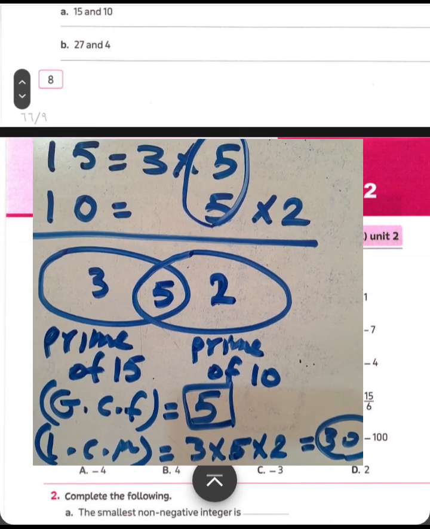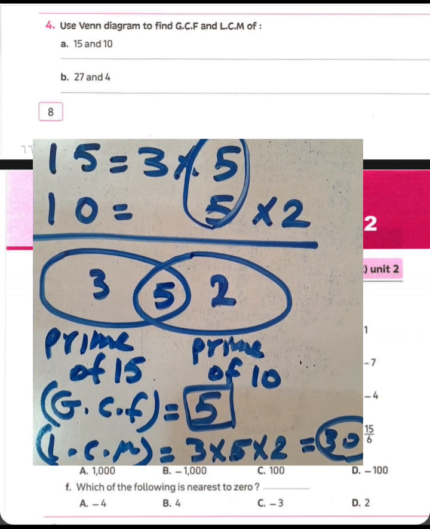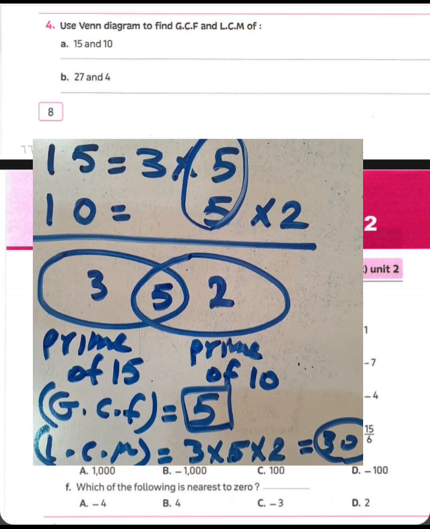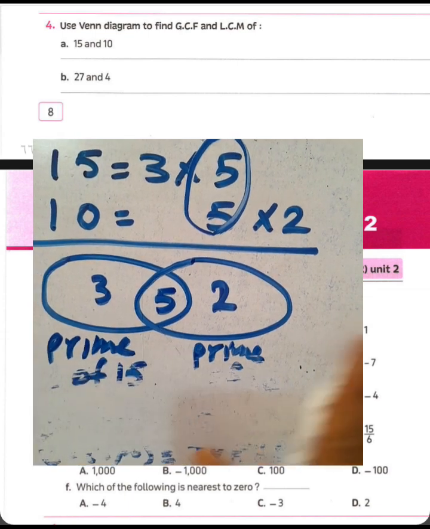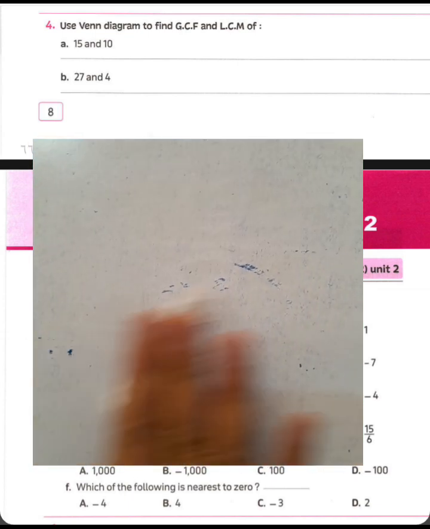Question letter B, 27 and 4. 27 and 4 are relatively prime, so the greatest common factor between them equals 1, and the least common multiple between them will be 4 times 27. Understood?